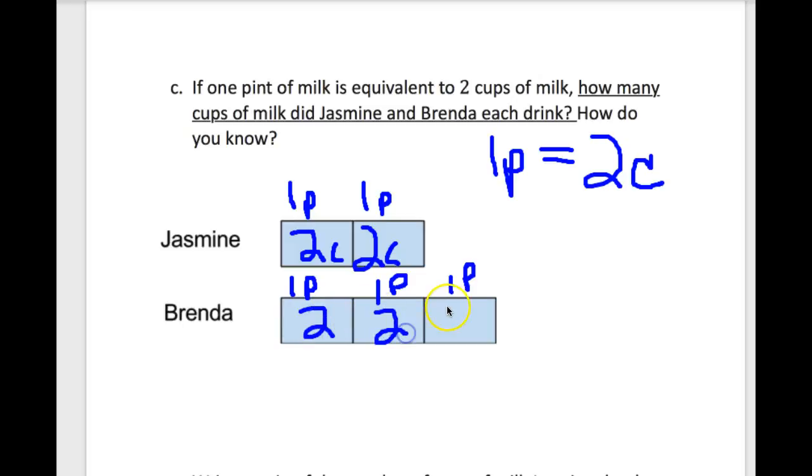Now, that being the case, can we determine how many cups of milk Jasmine and Brenda each drank? Well, if this is 2 cups and this is 2 cups, the new number becomes 4 cups of milk. And if this is 2 and this is 2 and this is 2, our new ratio becomes 4 to 6.